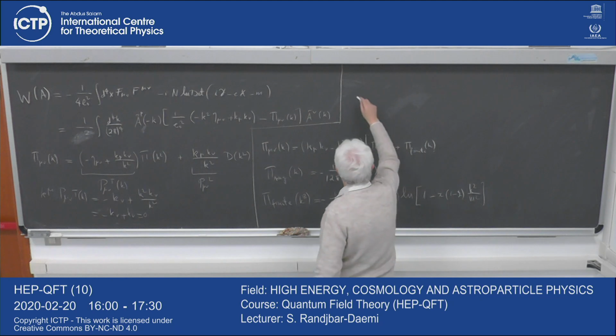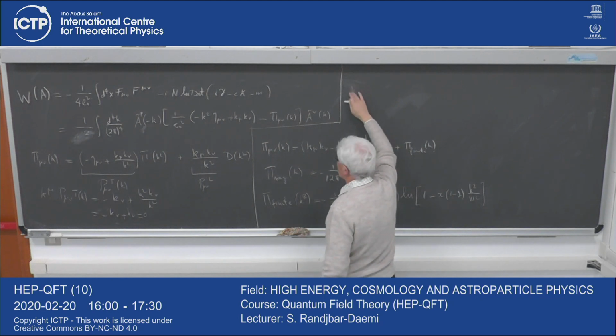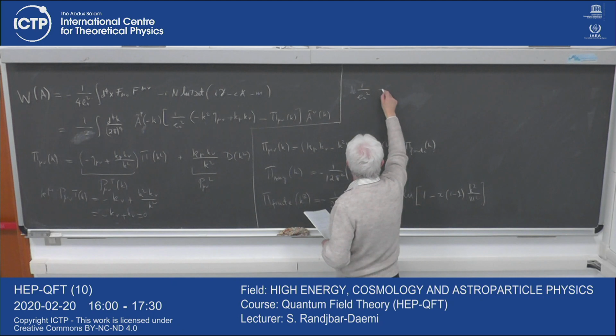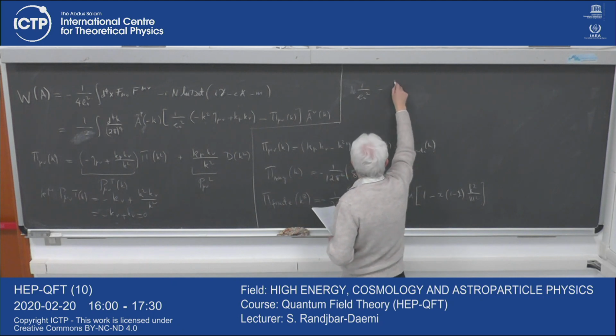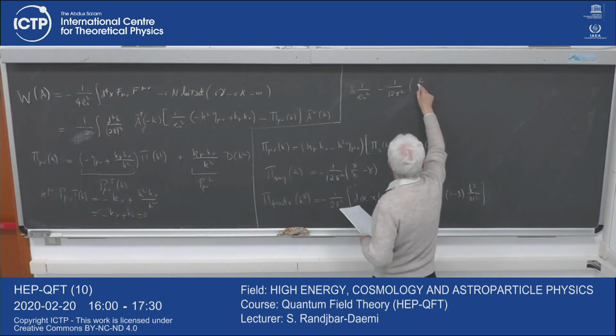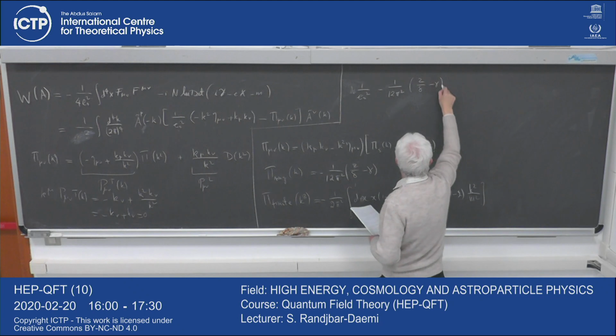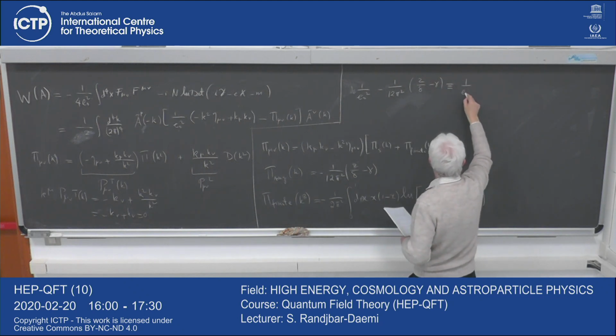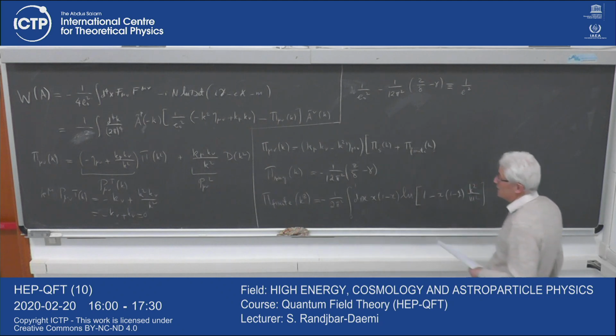So using that, defining 1 over e0 squared minus 1 over 12 pi squared times 2 over delta minus gamma, calling it, as a redefinition of the parameters if you like, 1 over e squared.